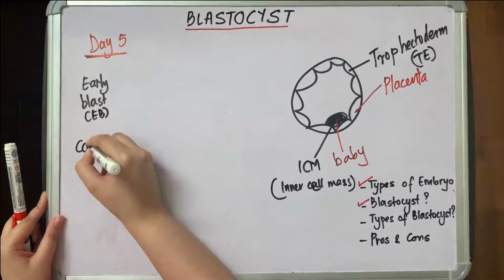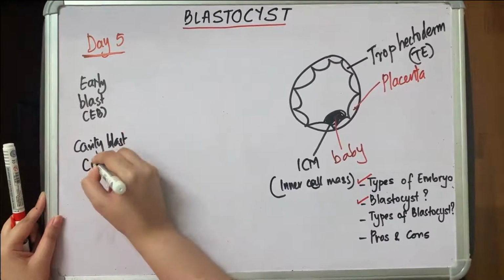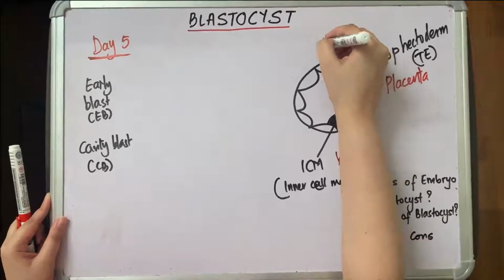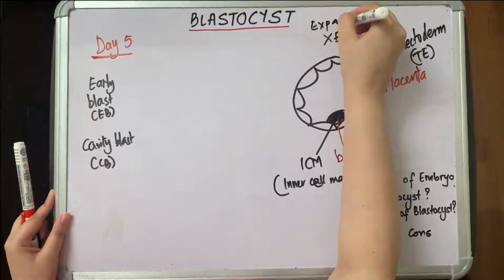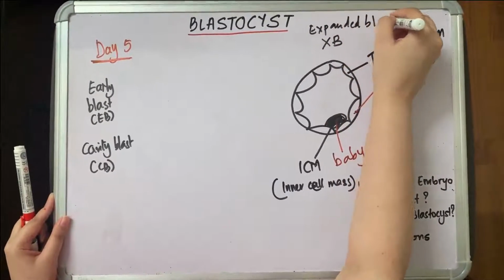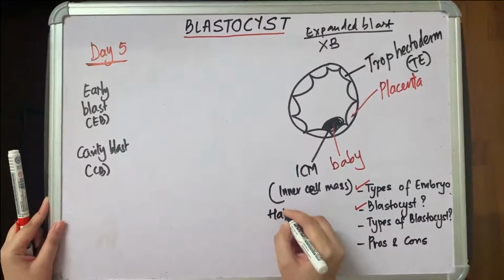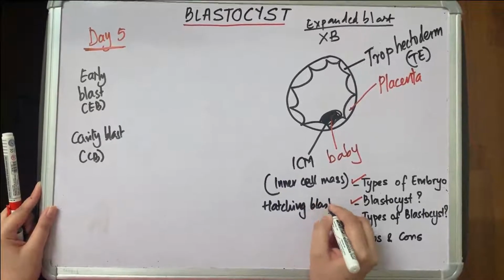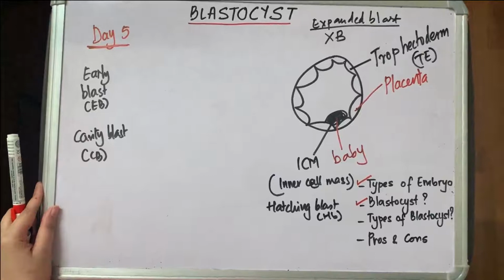It could be cavity blast, also known as CB, or it could be this one I've drawn here, an expanded blast, XB. And there is a last stage which is known as hatching blast, simply put, HB. So let's just see them one by one.